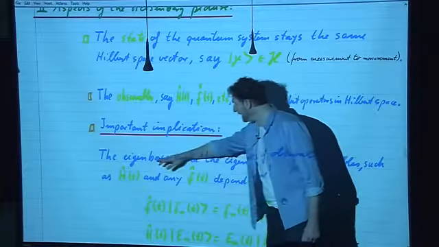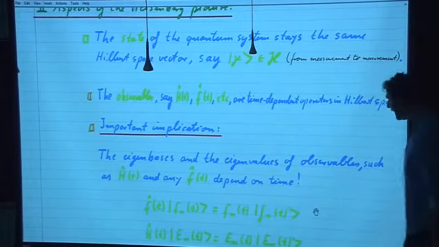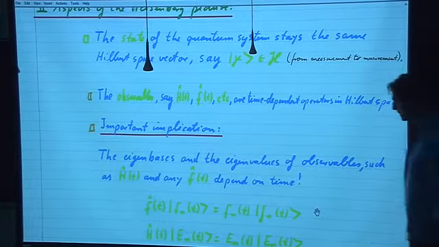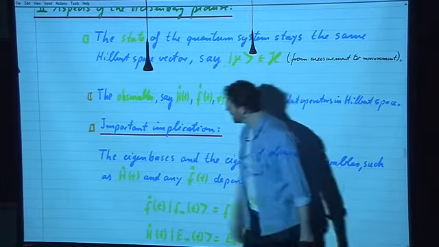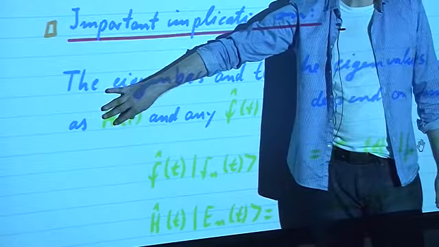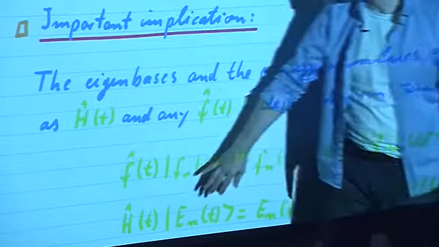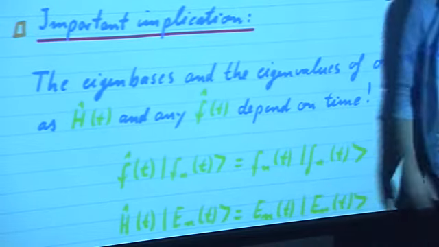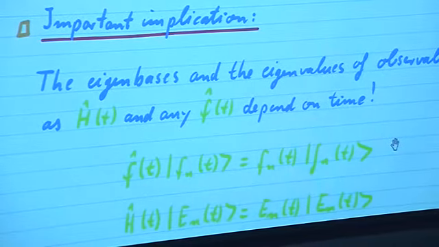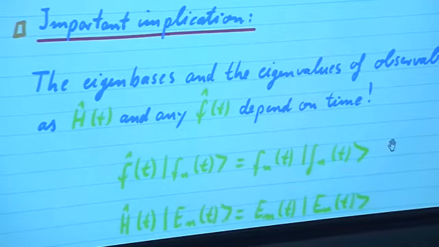What it means is that the eigenbases and the eigenvalues of observables can depend on time. The eigenbases of the Hamiltonian can depend on time. The eigenvalues of the Hamiltonian can depend on time. And the same for all of the observables. Their eigenbases and spectra can change in time.